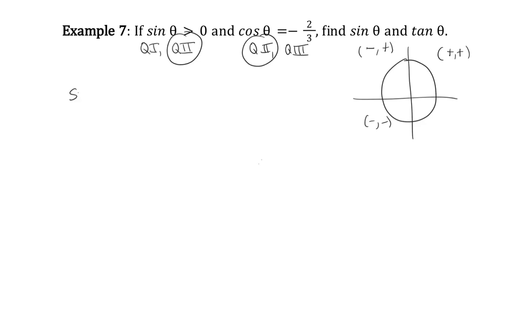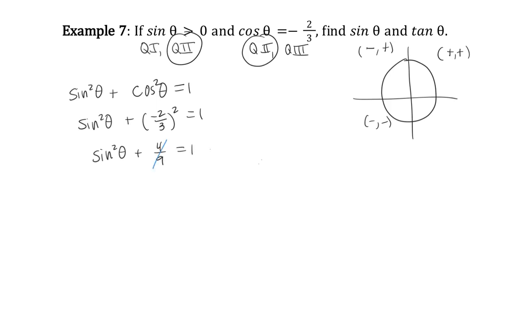So we can use the Pythagorean identity, sine squared theta plus cosine squared theta is equal to 1. We don't know sine squared theta yet, but we do know that cosine is negative 2/3. So cosine squared is 4/9, and that gives us sine squared theta plus 4/9 equals 1.